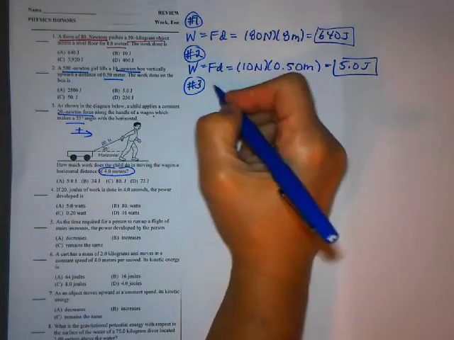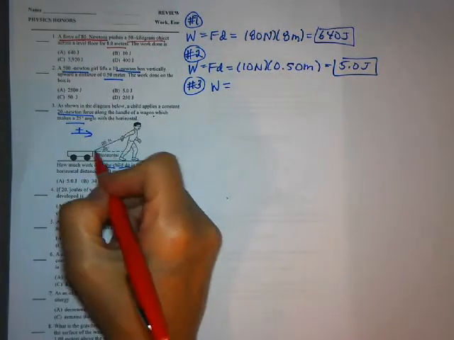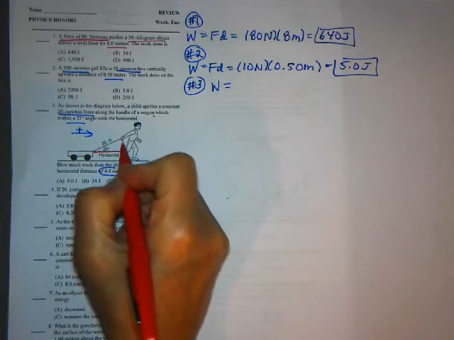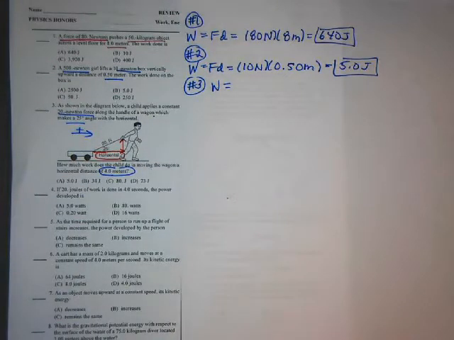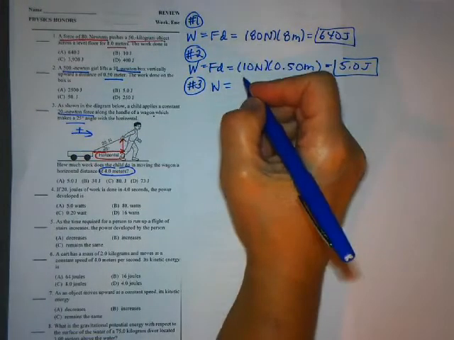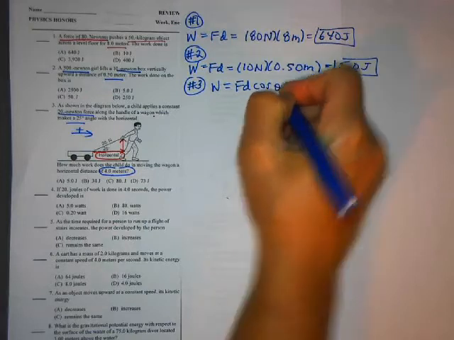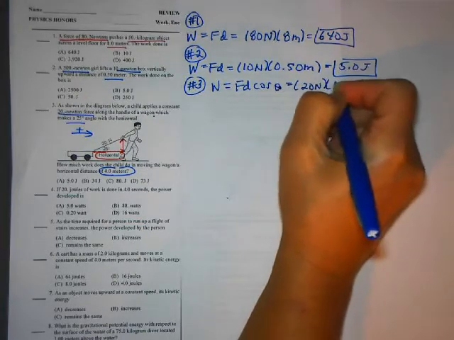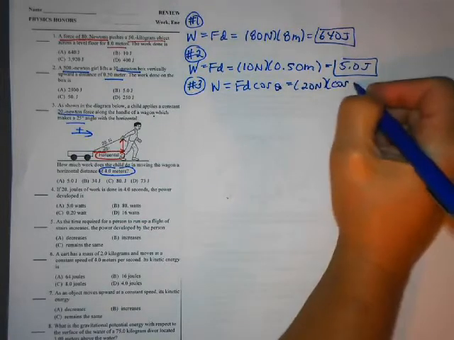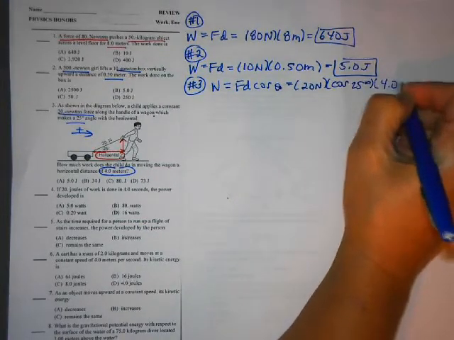So the work is going to be the horizontal component. Remember components? This is the horizontal component of this 20 newton force. So work is going to be FD cosine theta, which is 20 newtons times the cosine of 25 degrees times 4 meters.